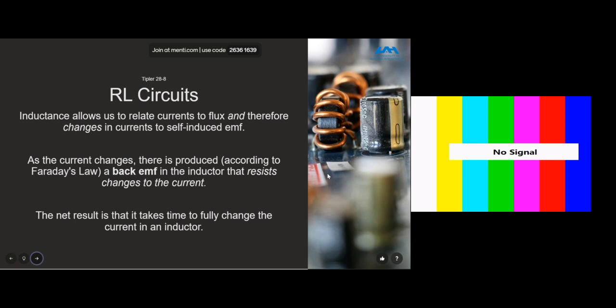And so, based off of an EMF inside of your system, a resistor inside of your system, or some equivalent resistance, and an inductor, we could use the loop rule from Kirchhoff, which is a conservation of what law? Kirchhoff's loop rule is based off of the conservation of what? Voltage, energy, more specifically.